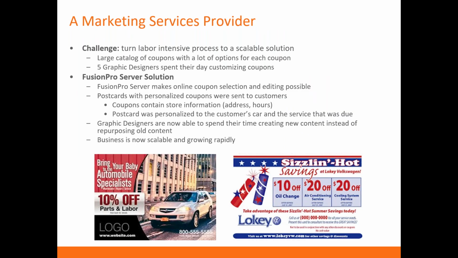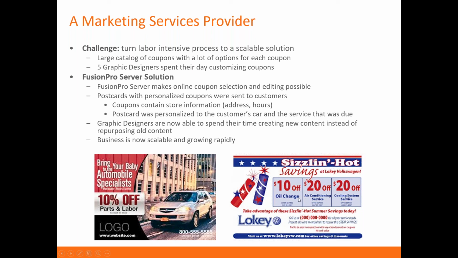The next one is a marketing service provider. So this is for a large, very, very large auto manufacturer. Okay, it's their marketing arm. So what they do for the dealerships is to provide basically a catalog of these coupons.